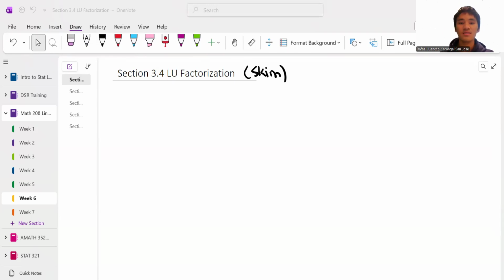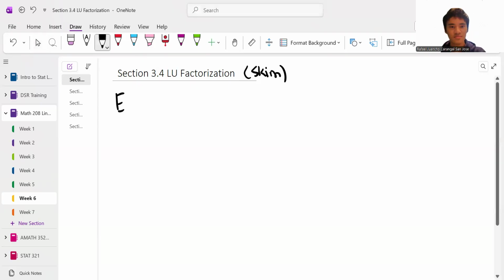Right. So we're going to revisit the problem of finding solutions to a system of linear equations, but we're going to develop a new approach. This is basically a more efficient way of finding solutions to a linear system. Let's start immediately with an example.